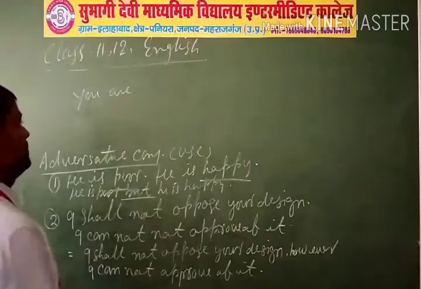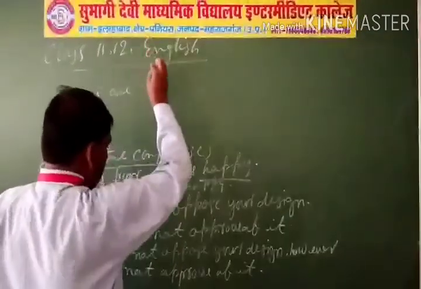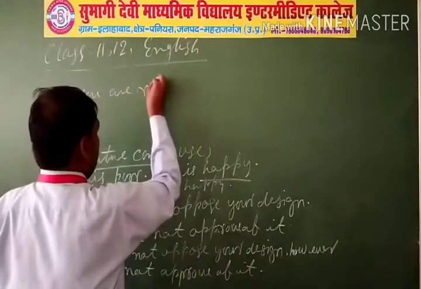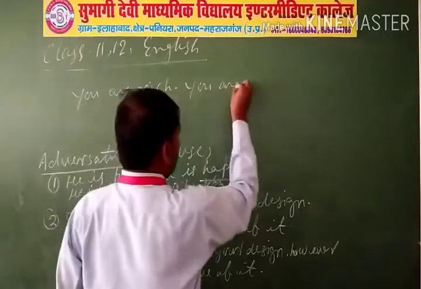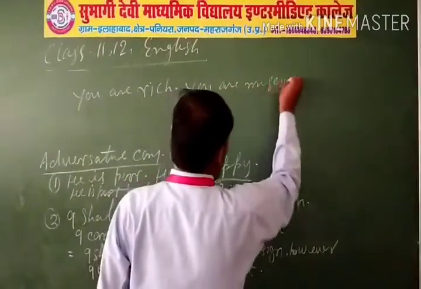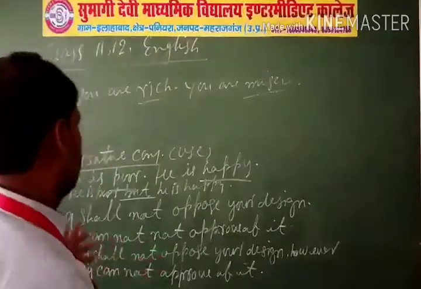Here, what is the adversative conjunction? You are rich. You are a miser. Here, miser and rich are against each other.